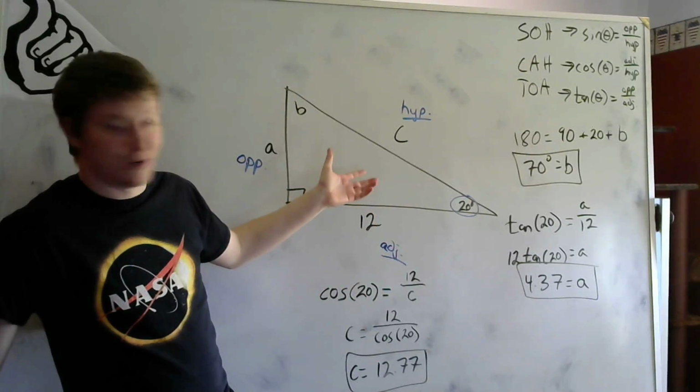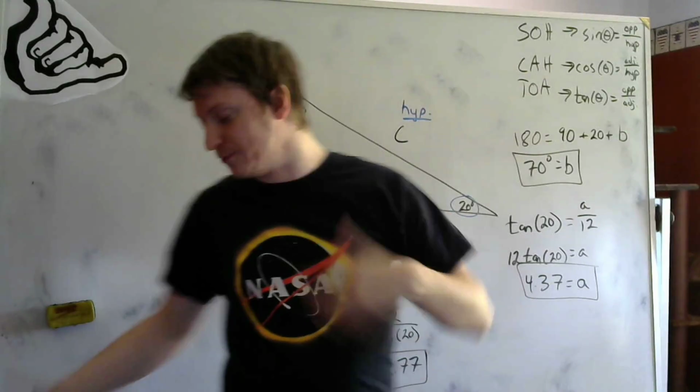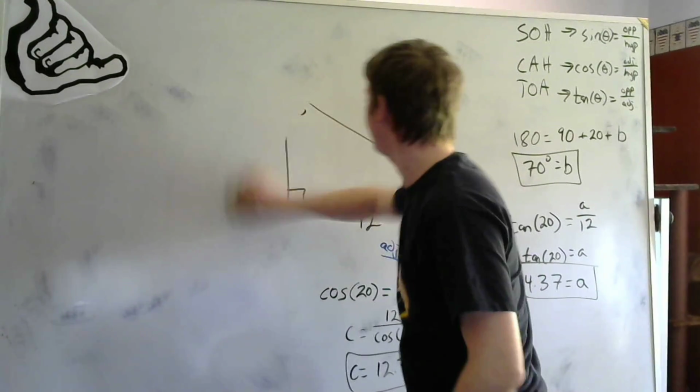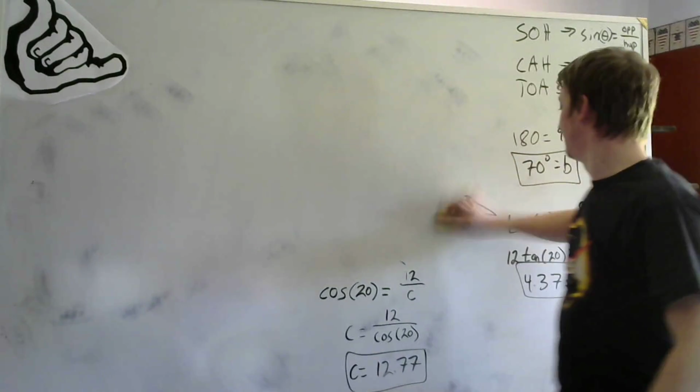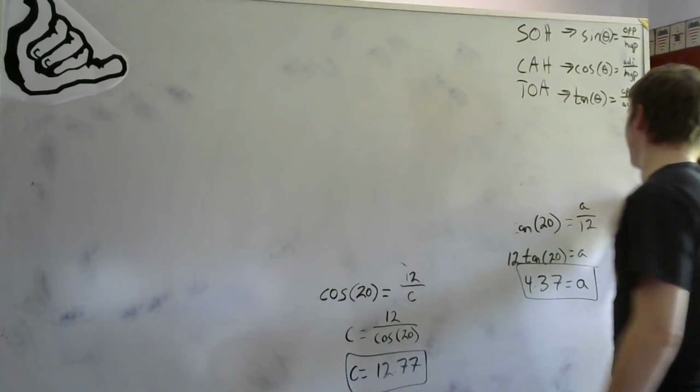But I'm going to give you just another one here. I'll probably give you the hypotenuse and an angle, and we'll just work from there, see what we can do, just to have another example.